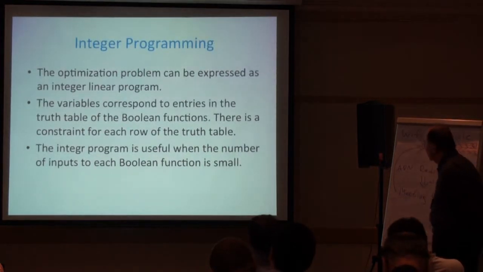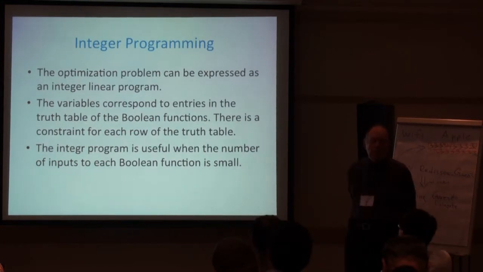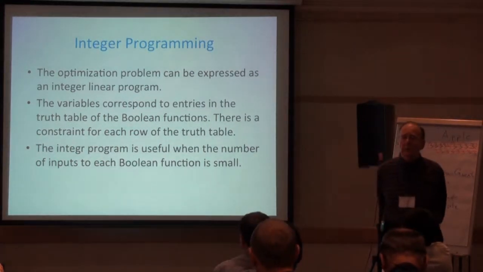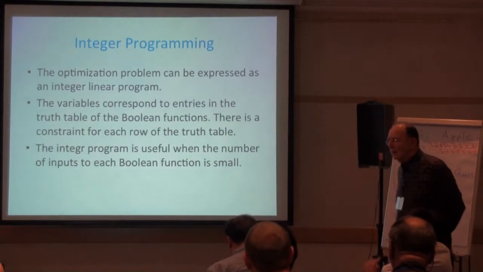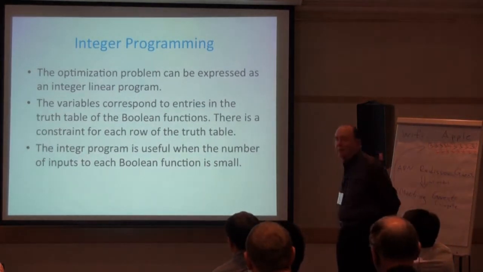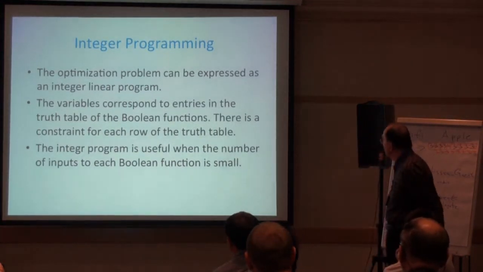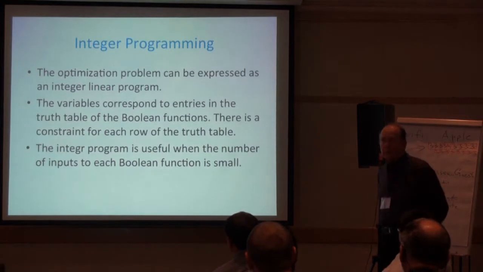So what we observed is something extremely simple-minded, but which doesn't seem to have been exploited before, namely that the problem of optimizing the Boolean functions to maximize agreement with the experiments can be expressed as an integer linear program.